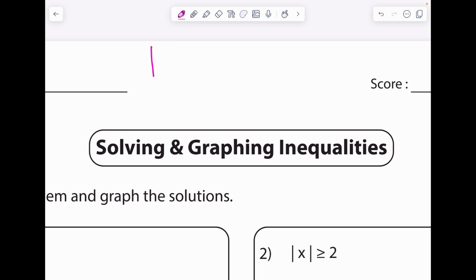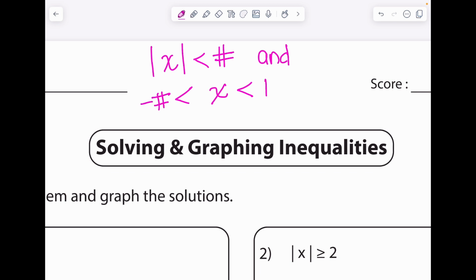If you have the absolute value of x is less than a number, then this is going to create an AND statement. That means you're going to write a three-part statement where x is between the negative version of the number and the positive version of the number, and then you do any solving you need to do and graph the problem.